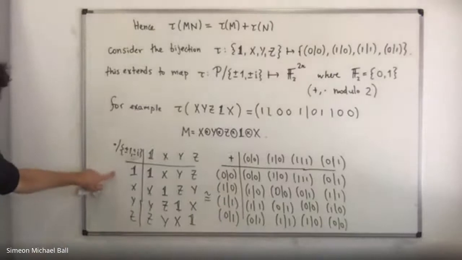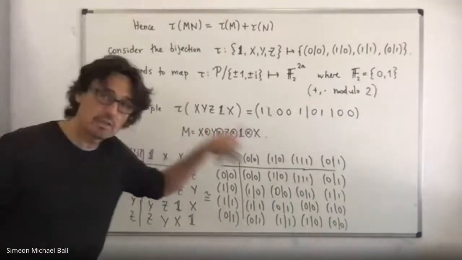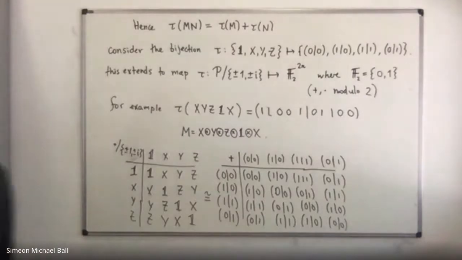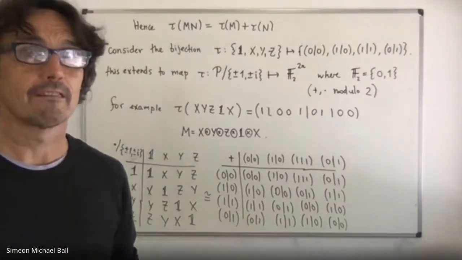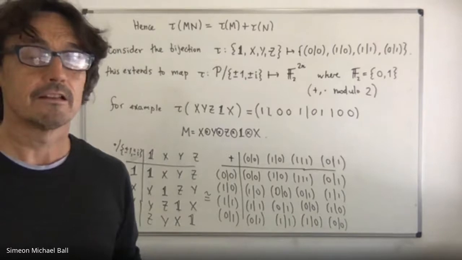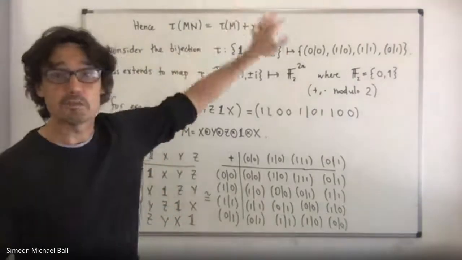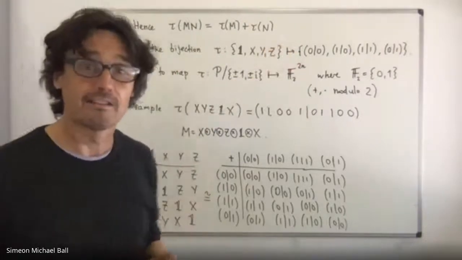The multiplicative structure here corresponds to the additive structure over here. So subgroups over here go to subspaces over there.